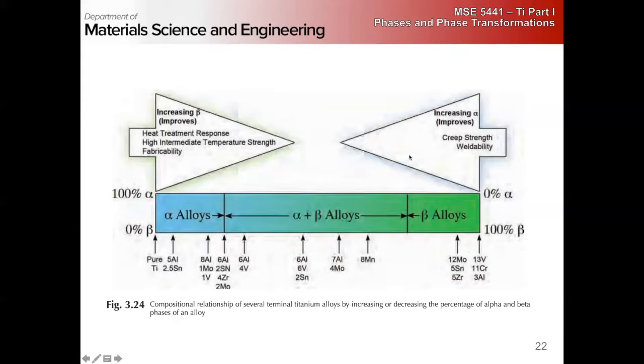And as we add more alpha, we improve our creep strength and weldability of our alloys. So generally things like 6-4 are down here, because it has reasonably good creep strength, and you can weld it. As you get over into the beta alloys, you lose your creep strength.